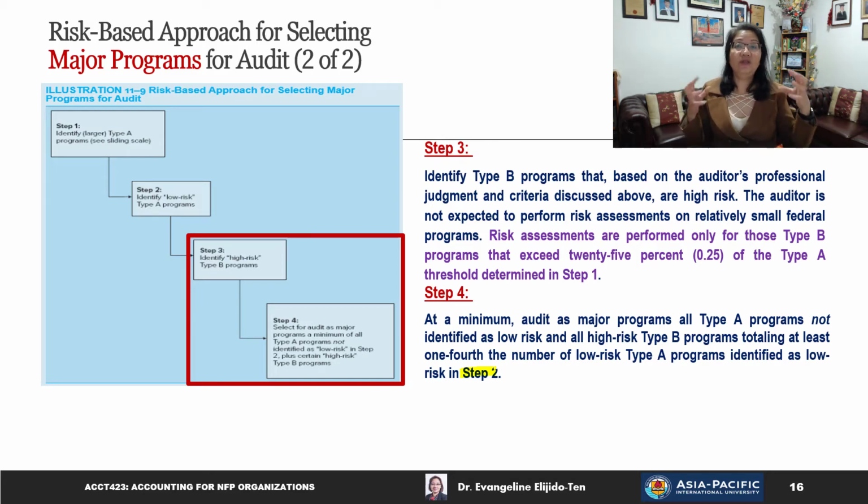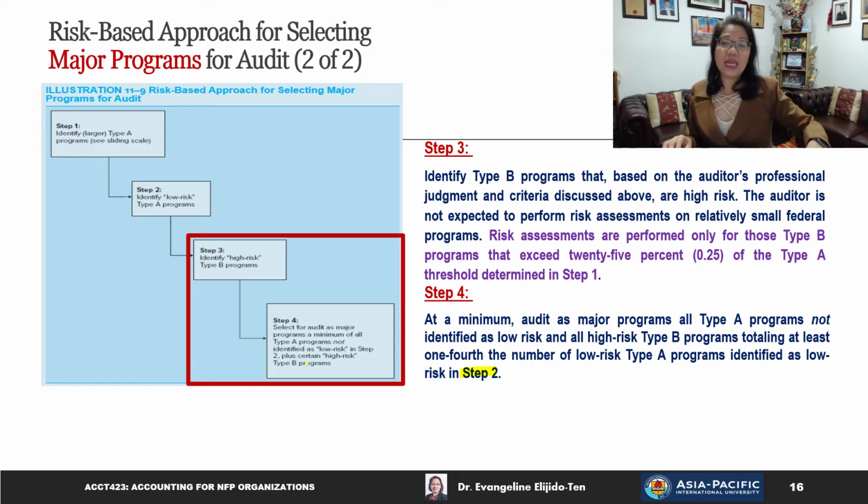The auditor will focus on Type A and also some of Type B programs that are considered high risk. Now there may also be some Type A programs that are considered low risk, so the focus really is on Type A high risk and Type B high risk. All right, any Type A that is low risk can still be excluded or not become the focus of the auditor's attention.